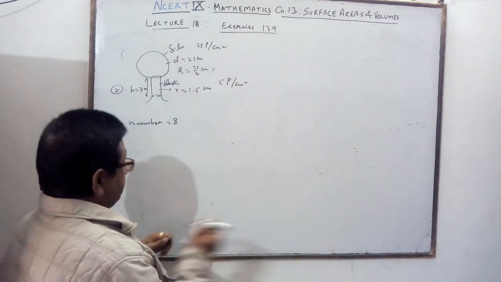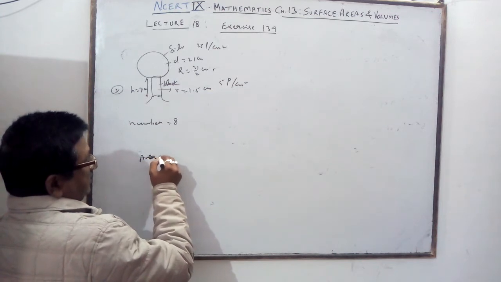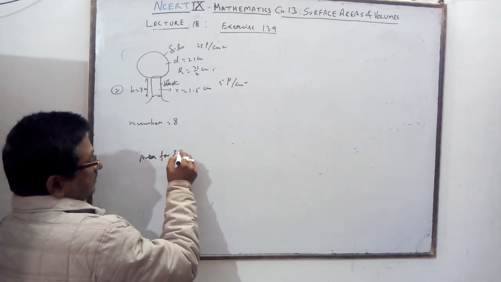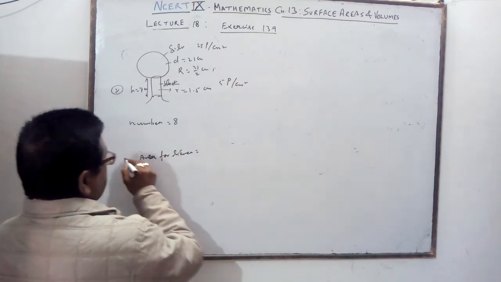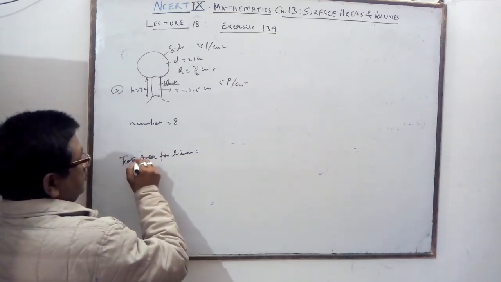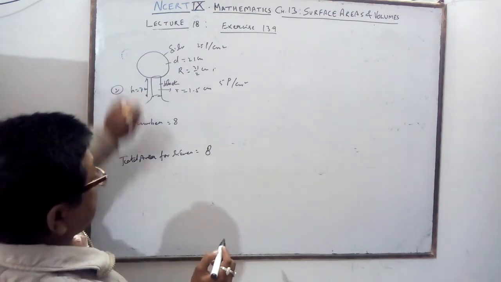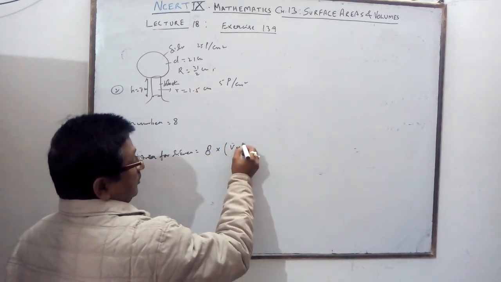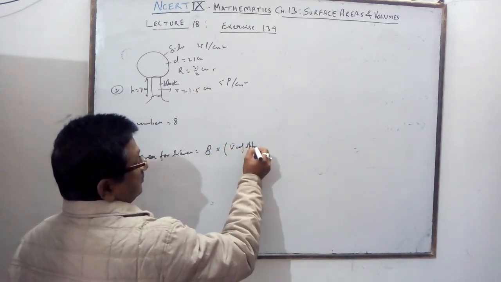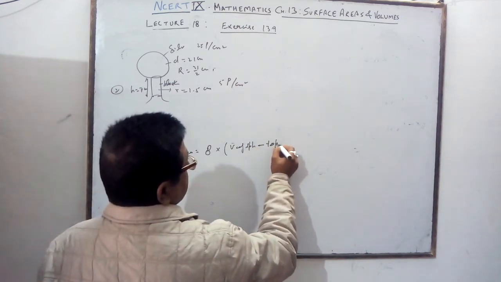Area for silver paint is equal to total area. How many spheres are there? 8 multiplied by one sphere, minus the top of the cylinder.